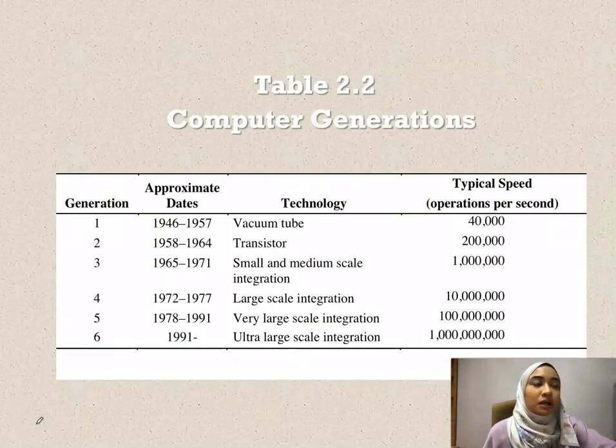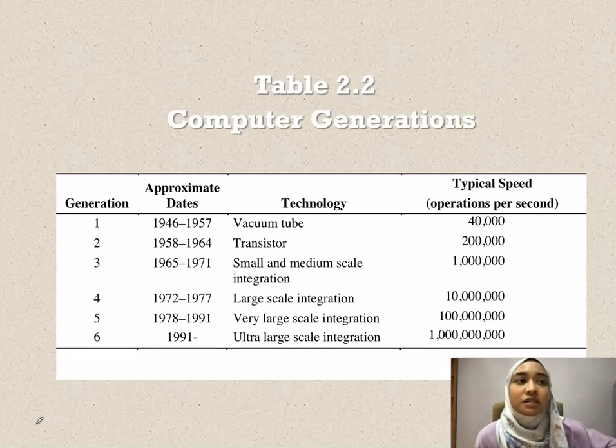So it has become widely acceptable to classify computers into generations based on the fundamental hardware technology. For example, as we can see here in table 2.2, each new generation is characterized by greater processing performance, larger memory capacity, and also smaller size than the previous one.